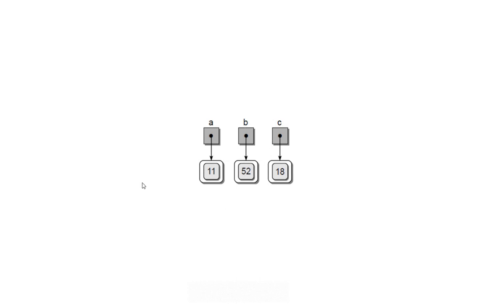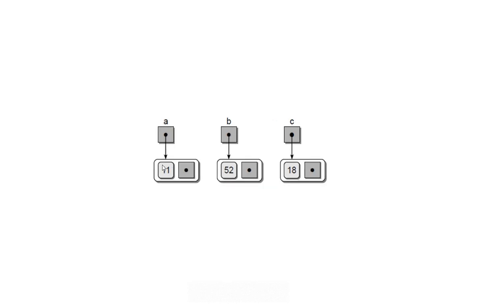If I want to create a relationship between them, I can change that a little bit. And that is what we call a node. So a node is going to be the same variable, the same data, but it's going to have an additional pointer.